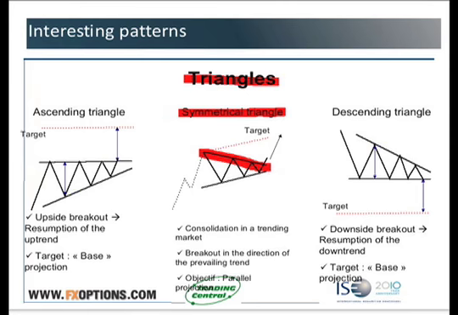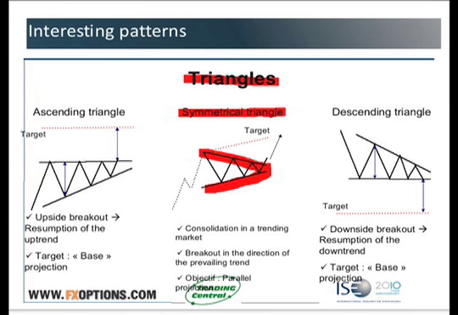In this case there is no previous trend, so we don't know where the market will go. There is no trend. The range is tightening in this kind of triangle.